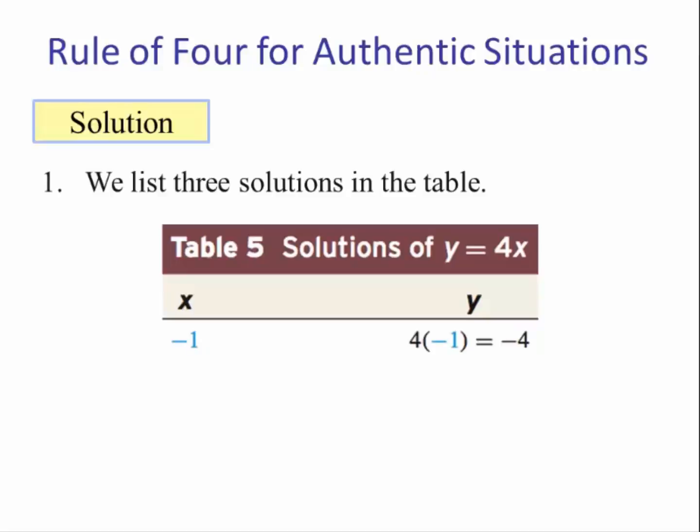I picked -1, and when we put that in the equation, we see that the value of y is -4. When x is 0, y is 0. When x is +1, we have y as +4, because 4 times 1 is 4. So we have our 3 ordered pairs. This completes the table.